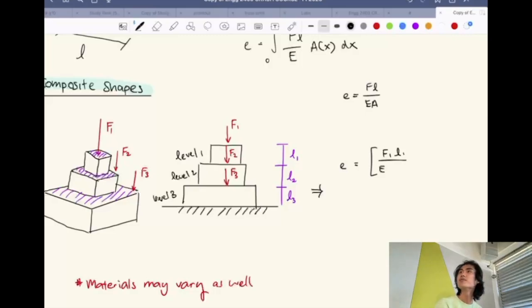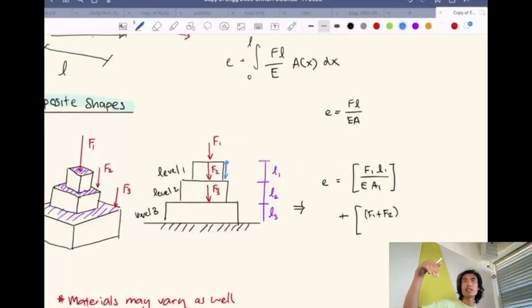What about level 1 and 2? The only thing that will change is that the force on both of them add up. Because when this level here is experiencing a stress, it's also putting that stress onto the second floor.